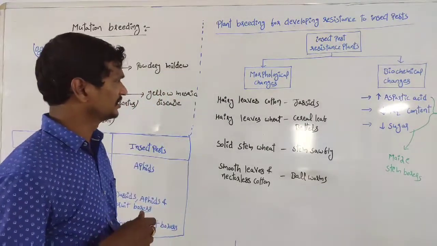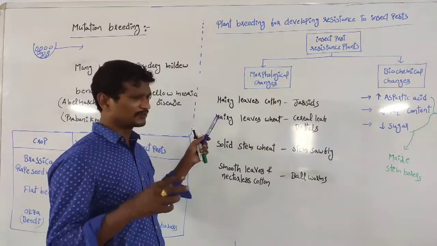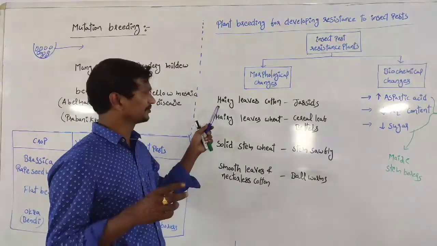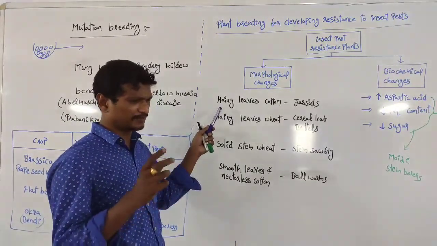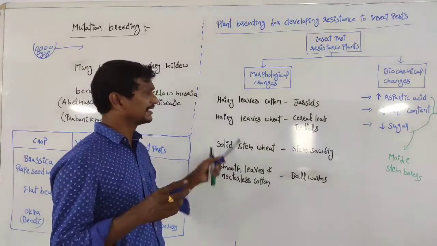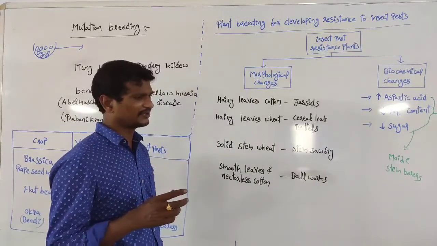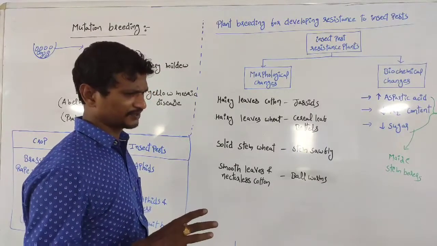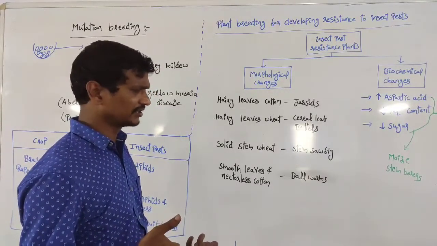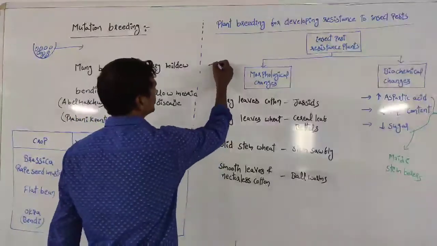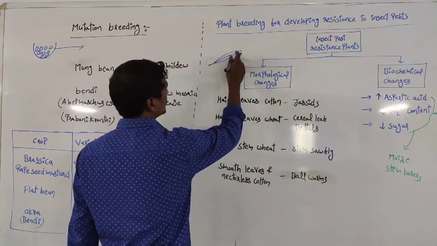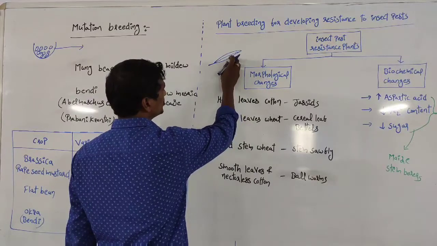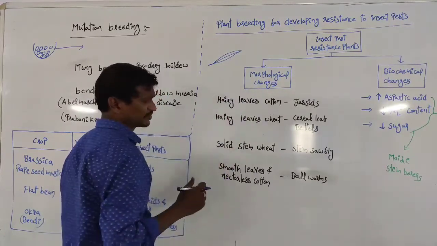For suppose, if the plants have hairy leaves, they are not affected. If the leaf is smooth, the smooth leaves are easily eaten by jassids.